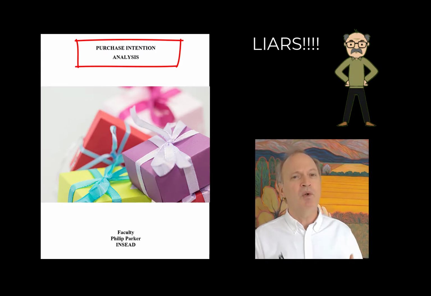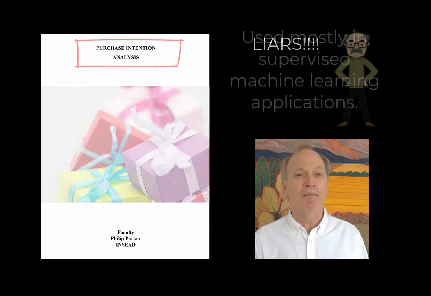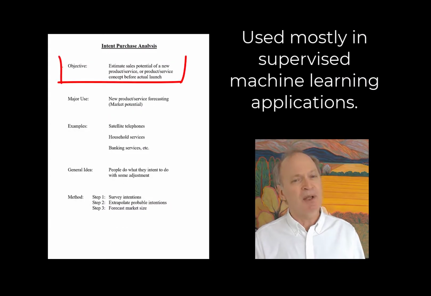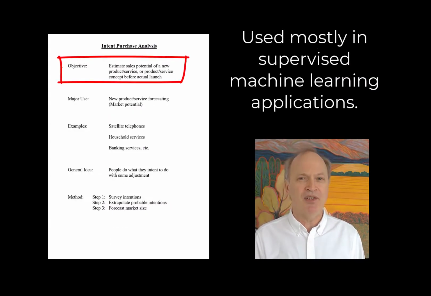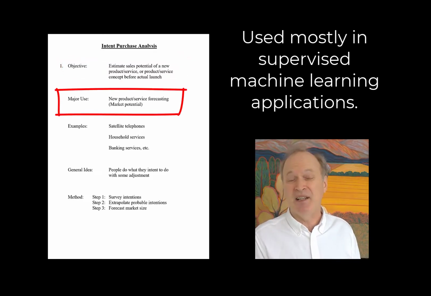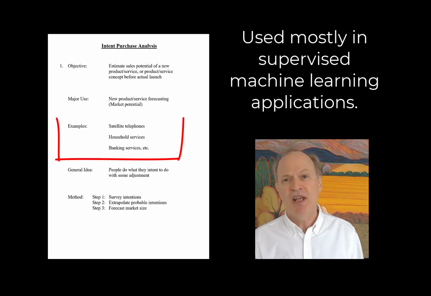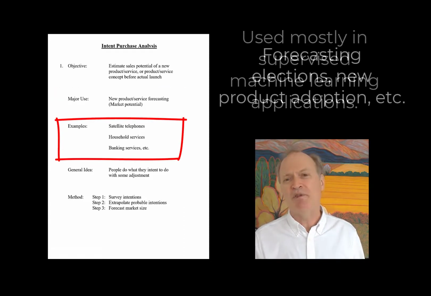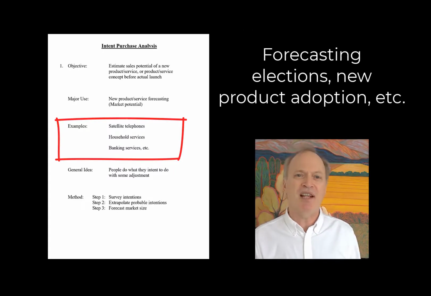So what in the world is intention analysis used for? It's a methodology, typically in supervised machine learning applications, where we estimate the overall market potential for a new product or service or some other idea that we have in mind. It's been used in a number of different industries, and it's used mostly for forecasting purposes. Here's the basic idea.